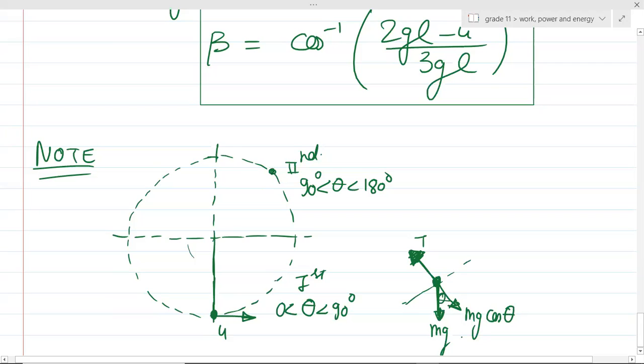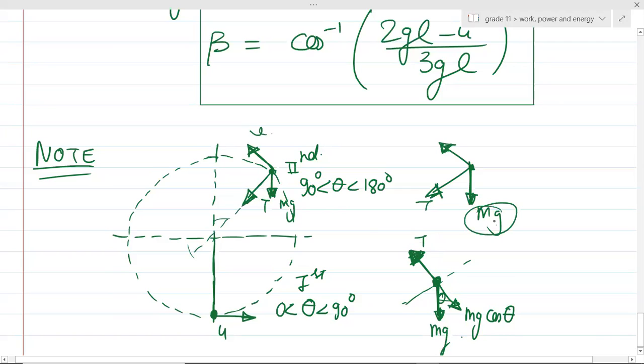But if I draw the same thing over here, velocity is in this direction, mg is acting in the downward direction, and tension is acting towards the center. Will the tension act in this direction, and mg in this direction? If I say this angle is theta, in the previous case, one of the components was opposing, basically T was opposing mg cos theta.